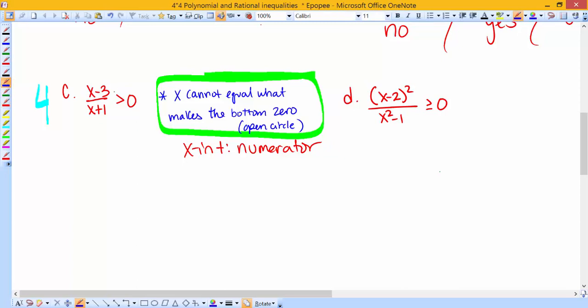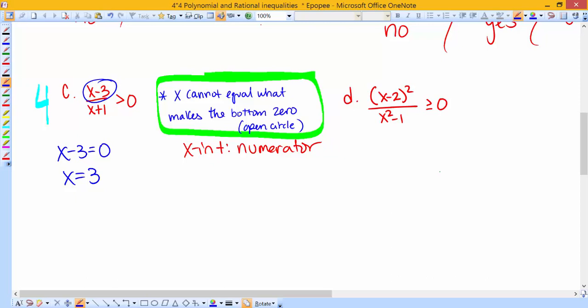So I'm going to look at this and I see, oh, x minus 3. Set it equal to 0, so x equals 3. But I also need to think about what my vertical asymptotes would be for this graph. So you do have to look at the denominator. So x cannot equal what makes the denominator 0.